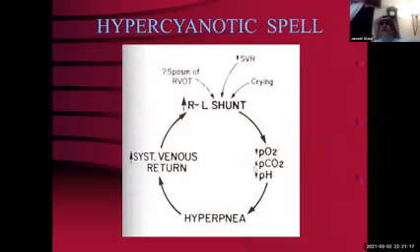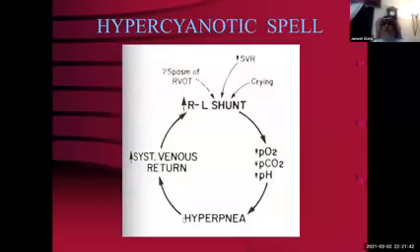The CO2 will start to become high. Why? Because when we have more right to left shunt, we have less pulmonary blood flow, and then your pH drops. If your pH drops, the immediate message to the brain is to increase the work of breathing. So the baby will start to hyperventilate.